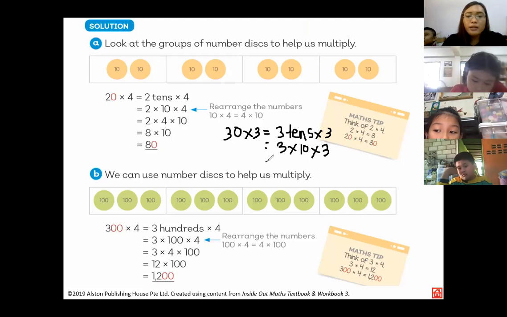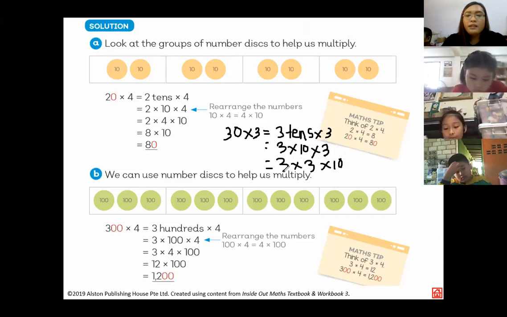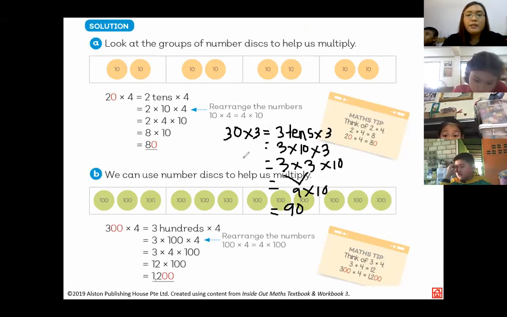We copy 3 times 3 and then the 10. 3 times 3 is 9, and then just copy the 10. 9 times 10 is 90. So it's the same.